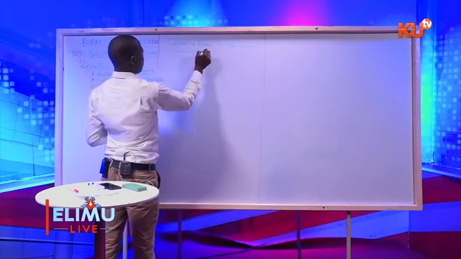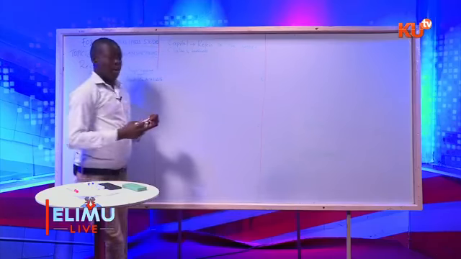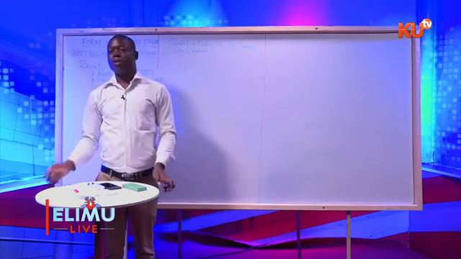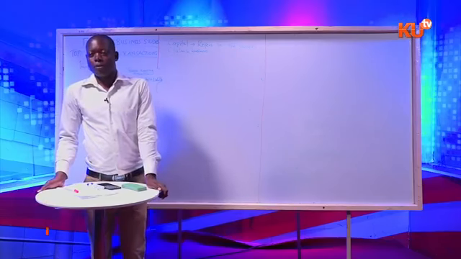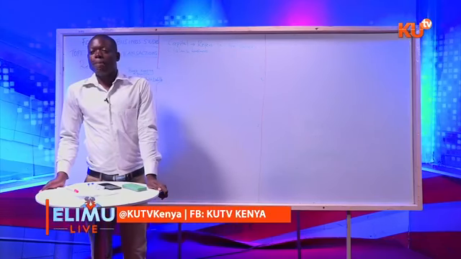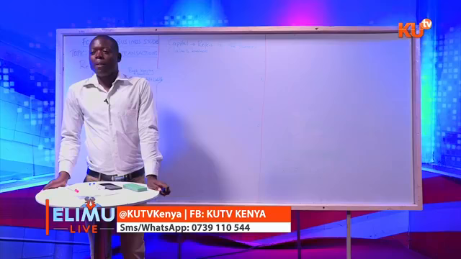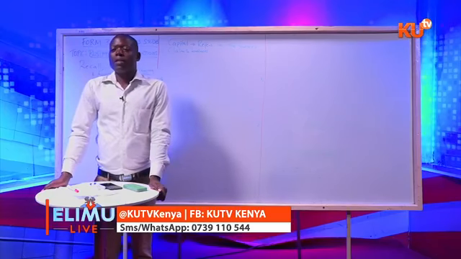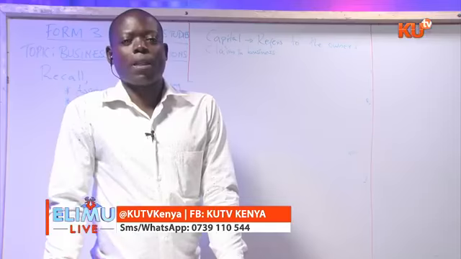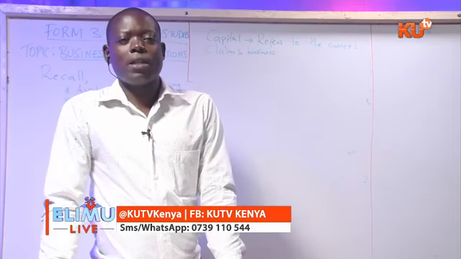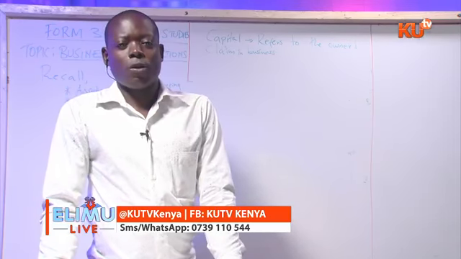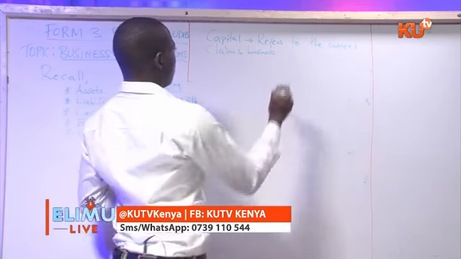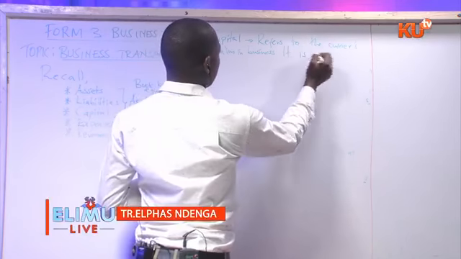What you as the owner of the business claim to be yours, claim to your own possession, is what we call capital. When I start the business as the owner, there is something that I will inject into the business which gives this business a life. What I inject in my business is what we call capital.